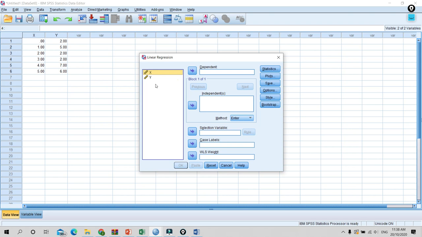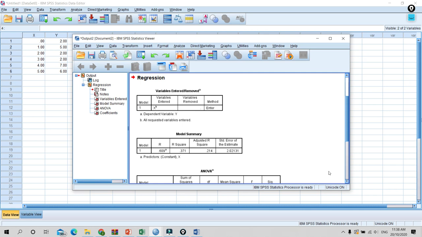We know that our independent variable is x, so we just plug in x, and our dependent variable is y. The dependent variable is sales, and the independent variable is your year, your code, x. Then we just press OK.